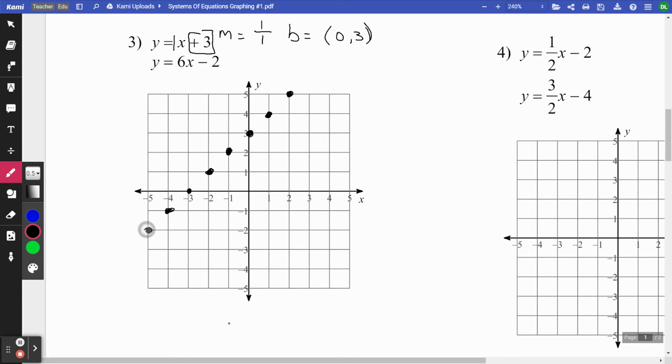Could I have drawn a line with 2 dots, 3 dots, 4 dots, 5 dots, 6 dots? Yes. Draw all of them. That makes the line even easier for you to draw.